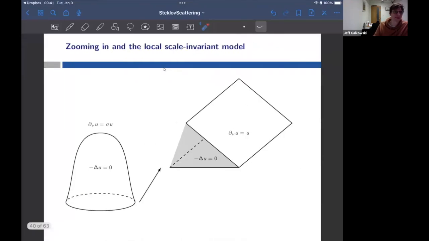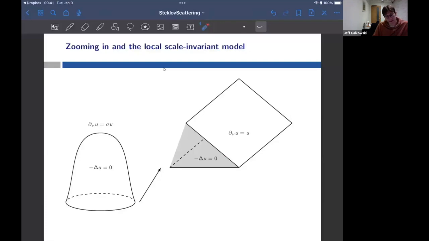I grab some point where the boundary is singular and zoom in the same way. Now you get this infinite folded piece of paper. I have a harmonic function in the interior of the folded piece of paper and the Steklov condition on the boundary.